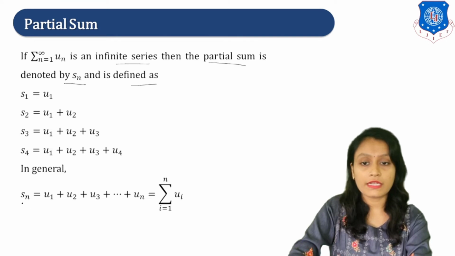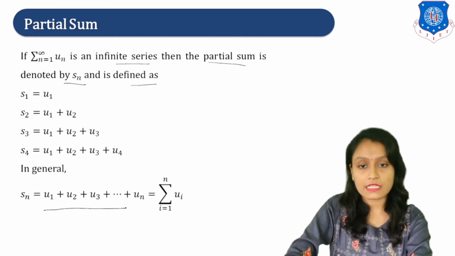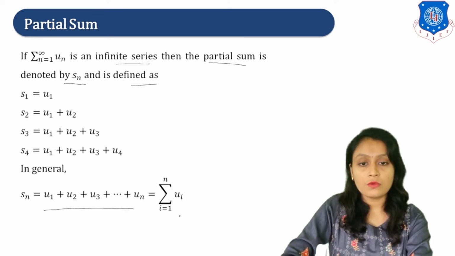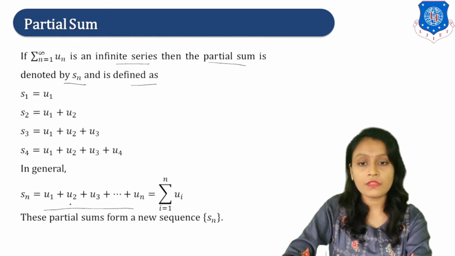Similarly, you can get Sn in general as the sum of the first n terms, that is u1 plus u2 plus u3 plus up to un. Also we can write it as summation ui, i from 1 to n. Now this partial sum will form a new sequence of Sn.